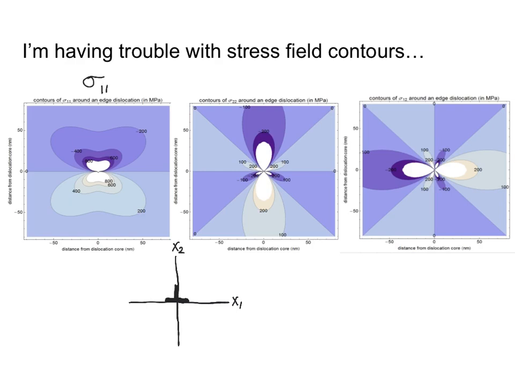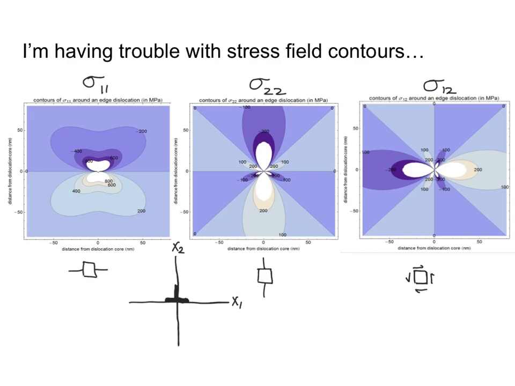And so these contour maps correspond to the stresses sigma 1, 1, sigma 2, 2, and sigma 1, 2, and so we have to think back to our stress tensor description. If we have a little volume element, then sigma 1, 1 is the stress acting on the one face in the one direction, and sigma 2, 2 is the stress on the two face acting in the two direction, and then the sigma 1, 2, these are our shear stresses, which are acting on a face in a different direction.